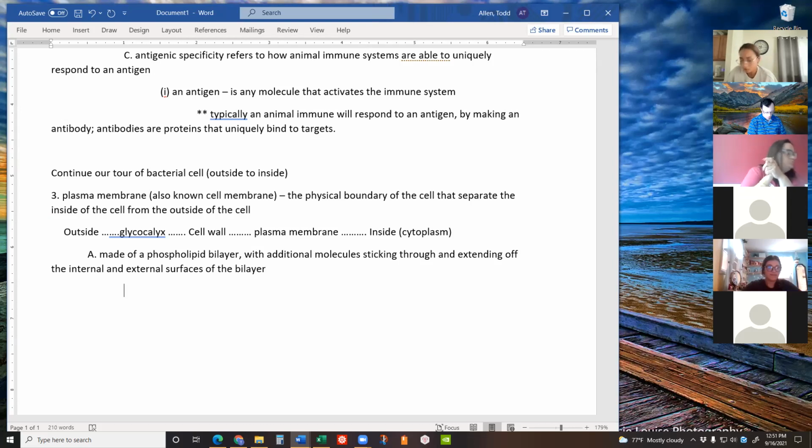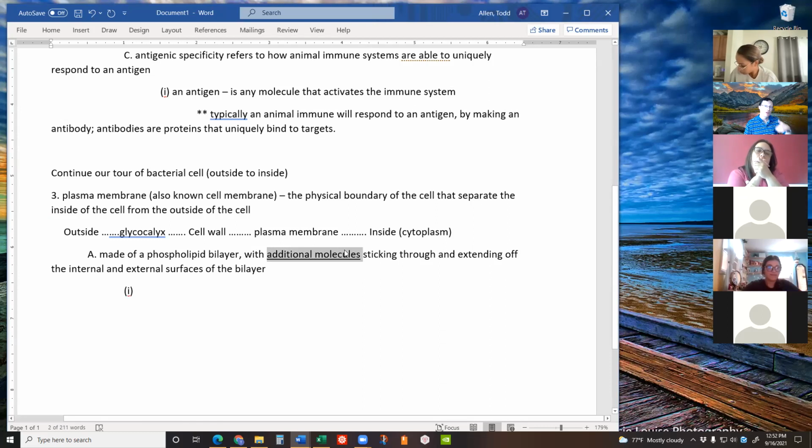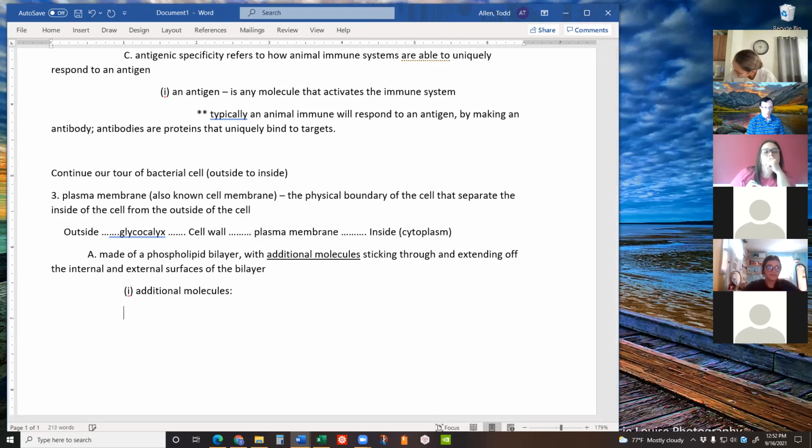So let's define what some of these additional molecules are, right? That was kind of a vague, fuzzy phrase, additional molecules. Well, what additional molecules do we find associated with the phospholipids? We're going to find proteins.